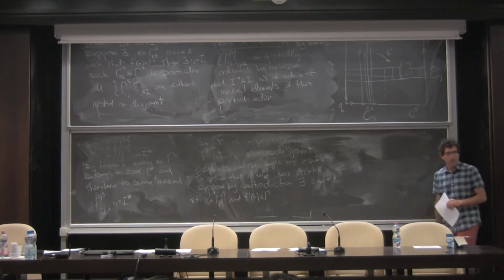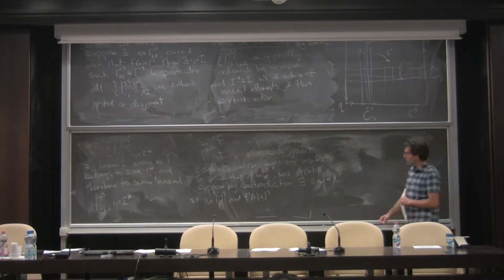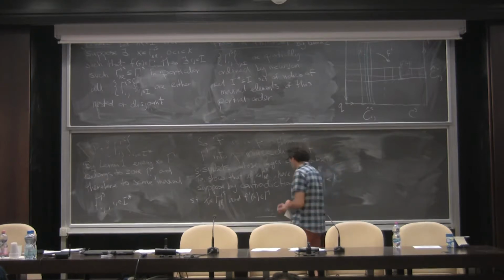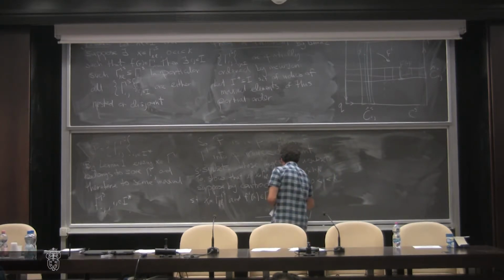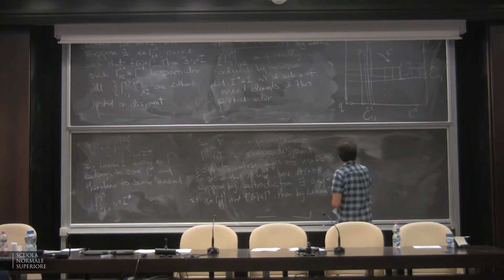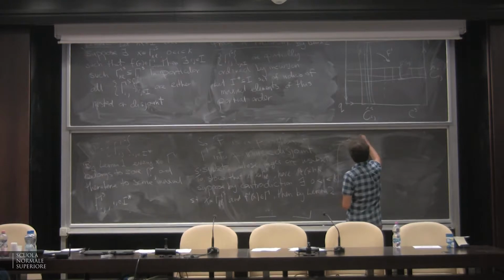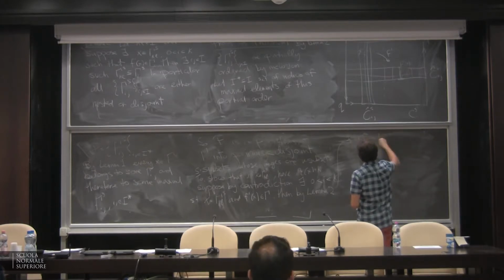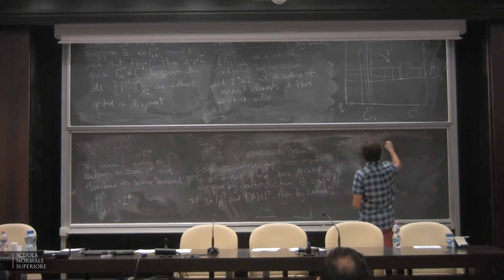Okay, then you can see immediately what the contradiction is going to be. We're exactly in the setting of that lemma. So if that was true, then by lemma 2 there exists some gamma Sij which contains gamma SKL.